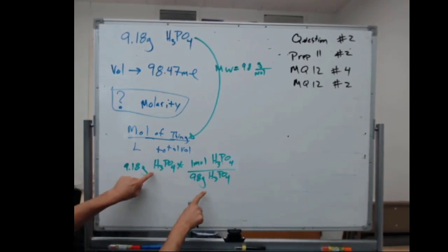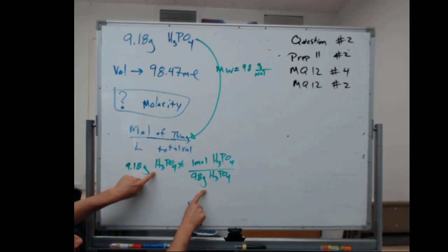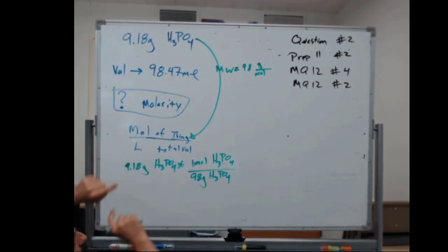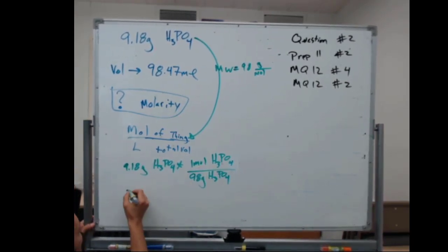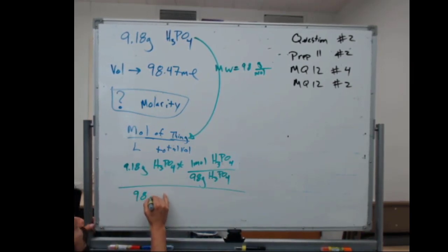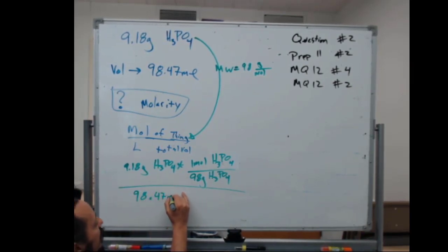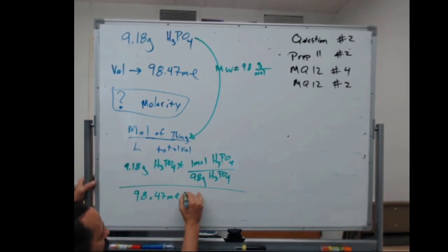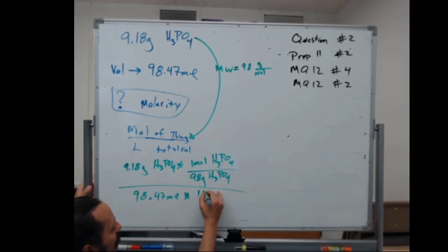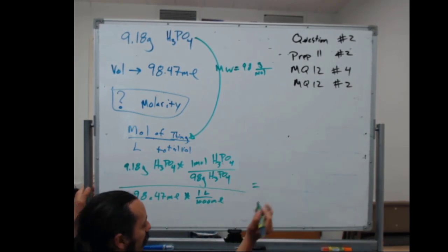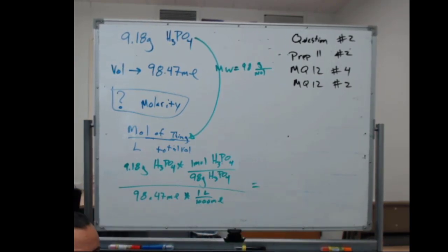Notice I've got it set up so my grams of phosphoric acid cancels out, and I'll be left with something in terms of moles of phosphoric acid. And then I'll divide all of that by 98.47 milliliters. Of course, I want it in liters, so I'm going to do 1 liter has 1,000 milliliters. And if we crank through that mathematics, hopefully that will give us an acceptable answer.